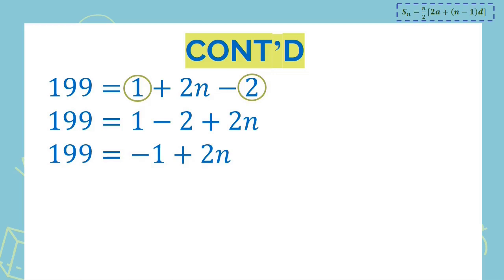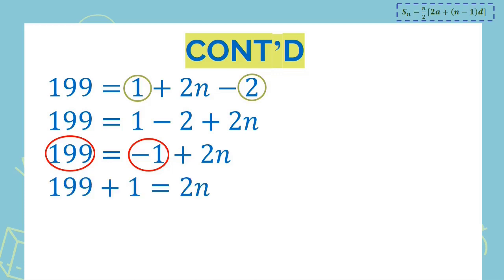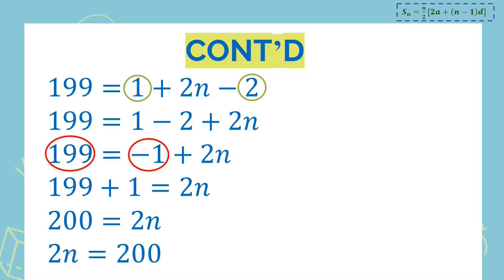Also, we can group other like terms like -1 and 199. And so moving -1 to the left will become a positive number because it is crossing the equal to sign. And that will become 199 plus 1 equals 2n. And that will give us 200 equals 2n, which can also be written as 2n equals 200.